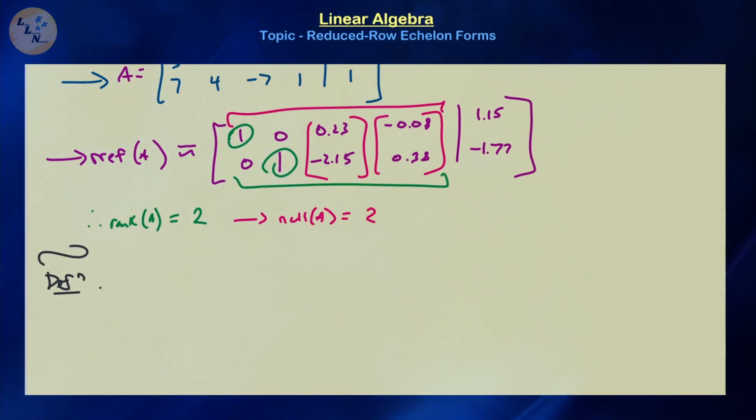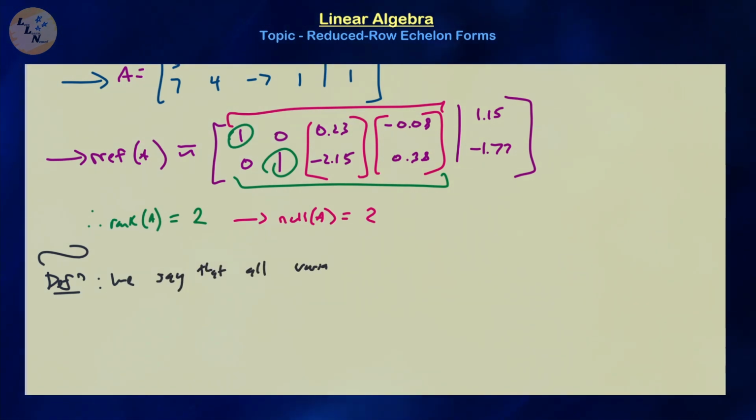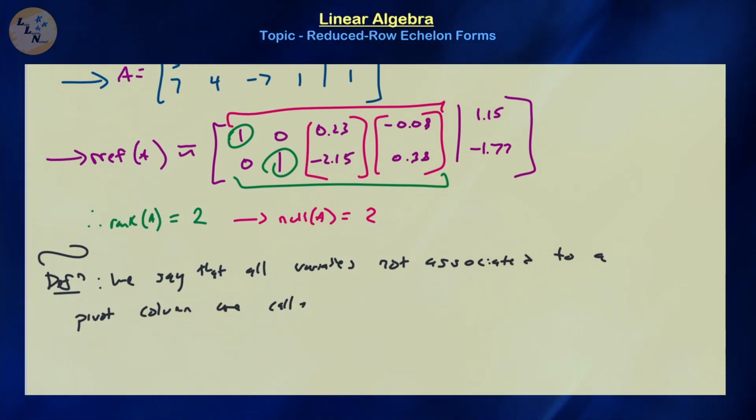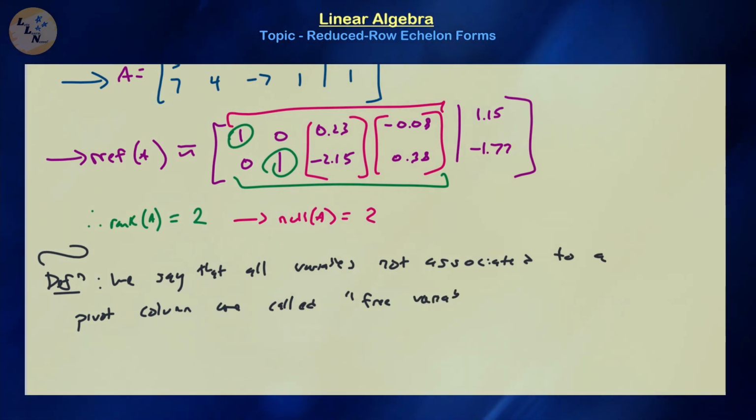Definition: we say that all variables not associated to a pivot column, in this case x3 and x4, are called free variables.